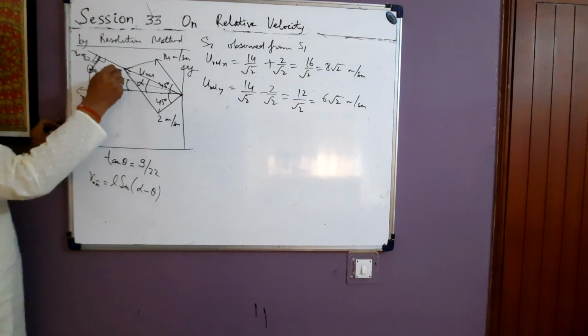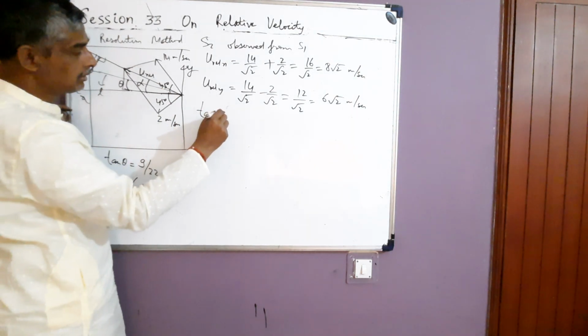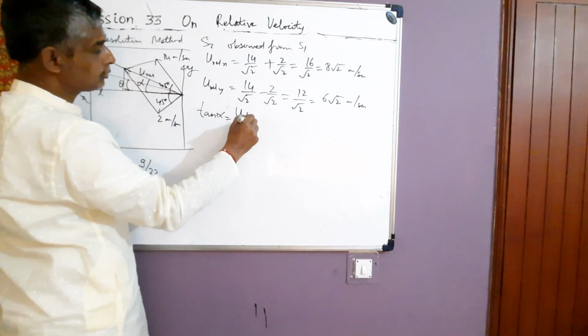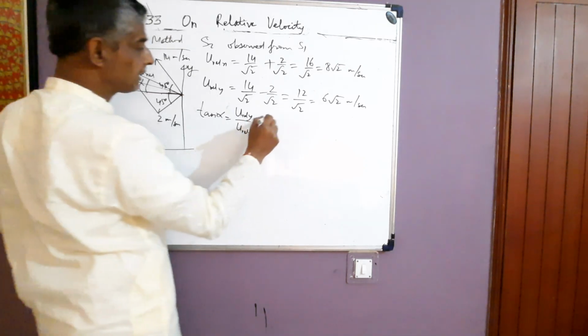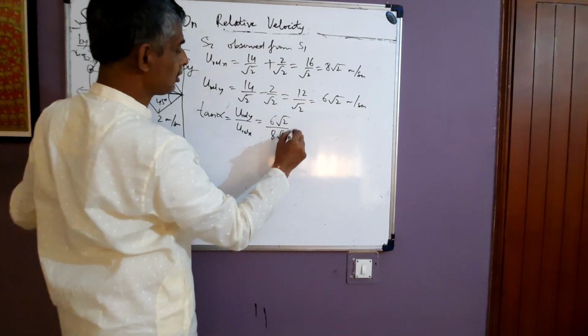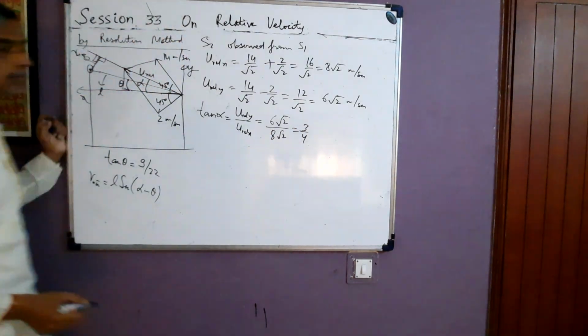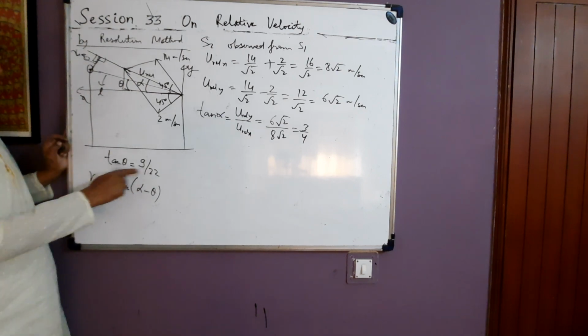Now this is U relative y, this is U relative x. So tan alpha is equal to U relative y by U relative x. U relative y is 6 root 2 and U relative x is 8 root 2. That is just 3 by 4. Okay, tan alpha is this much and tan theta is this much.